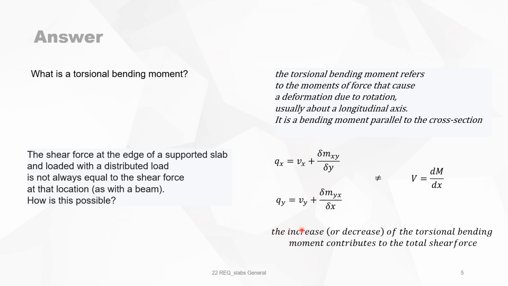So the increase or decrease of the torsional bending moment contributes to the total shear force, which is this term. So it means that at the support, Qx or V, is then the reaction force at the support. So the reaction support is not just the shear force, but also the variation of the torsional bending moment.